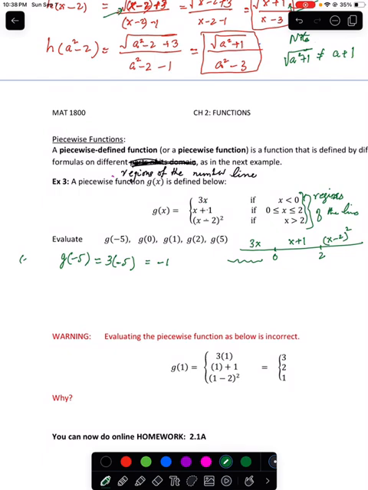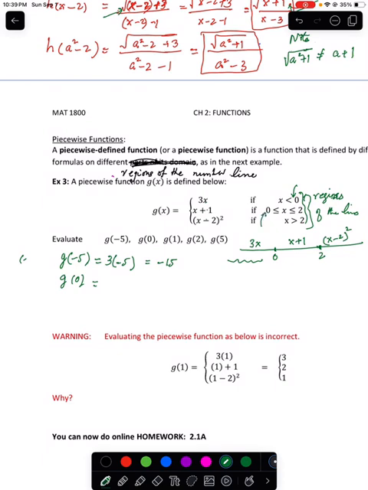Next is g of 0. So we notice that 0 is kind of the critical point or end point of the region. It could be considered in both, but cannot be. Because if you notice here, we see 0 written here and we see 0 written there in the second region as well.